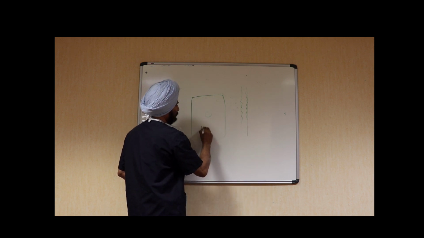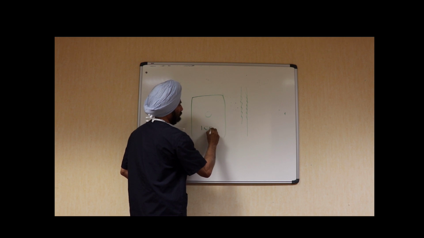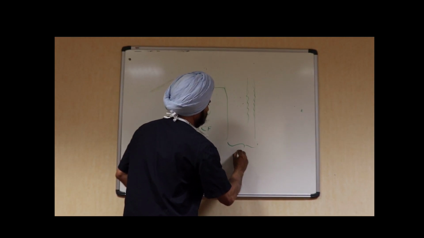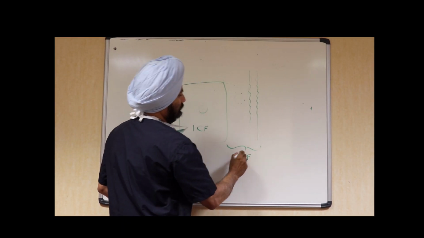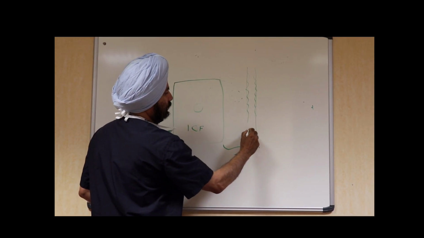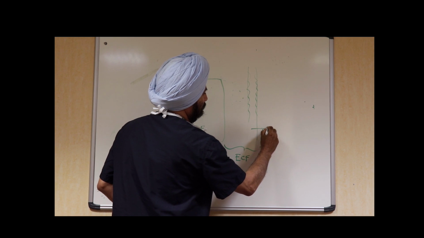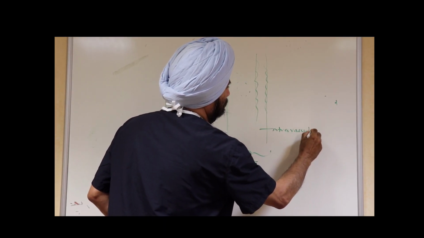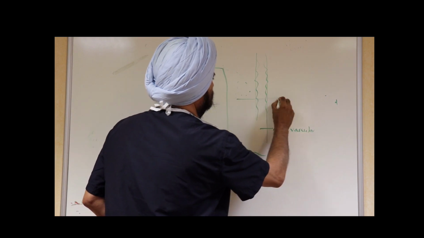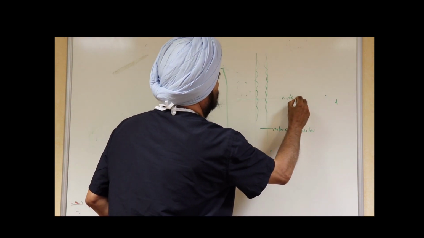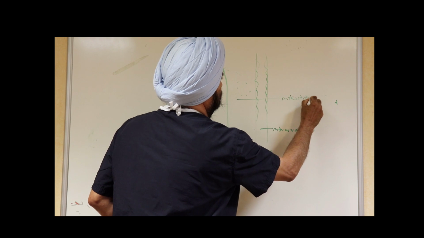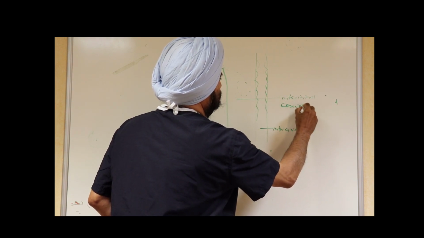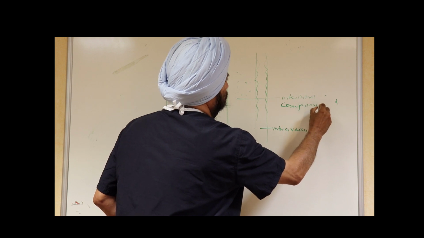So you have intracellular fluid and you have these two compartments which are extracellular fluid, and this is divided into two spaces. One is the intravascular compartment and the other is the interstitial compartment, which is extracellular and extravascular fluid.